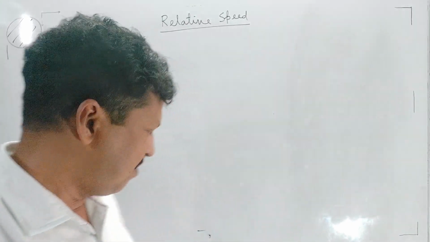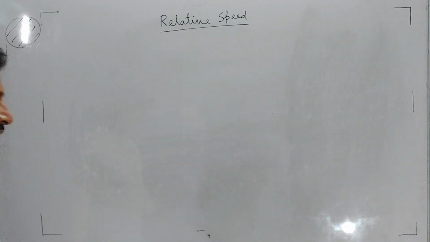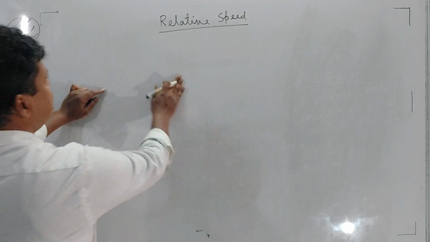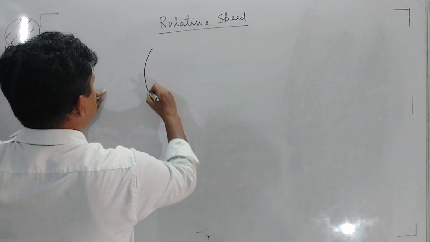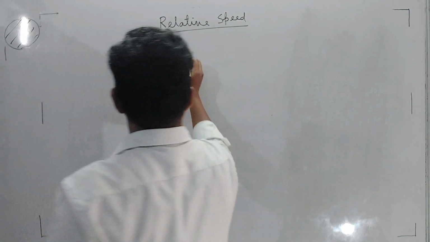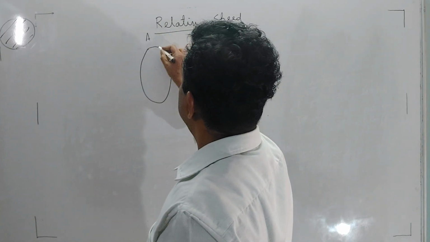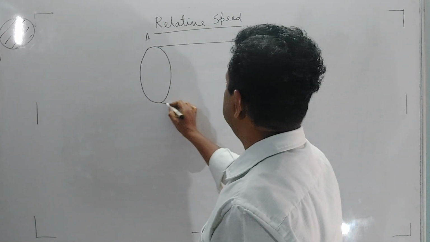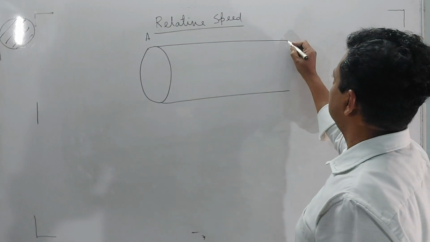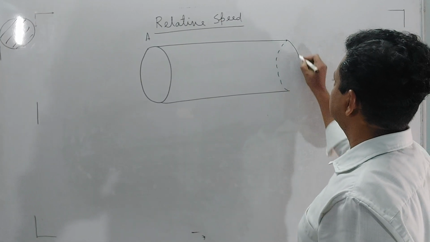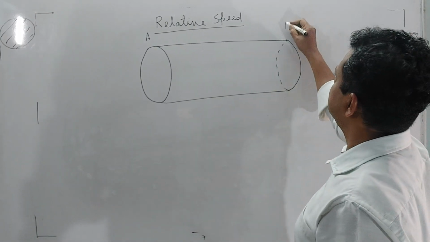So let me draw the whole thing. I'll explain once again. The question says there is a tunnel, and this is the entrance of the tunnel. In the question, of course, there is no drawing. And this is the exit of the tunnel.